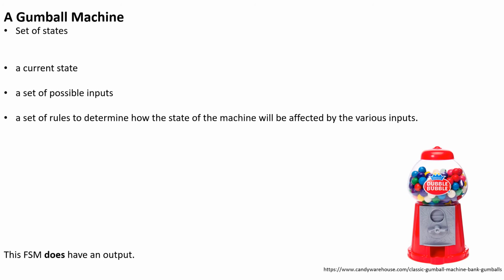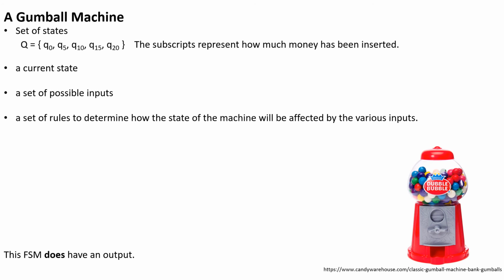So anyway, just to keep that in mind here, let's start out by filling this out for this gumball machine. Now, what they're doing in their example is they're pretending like the gumballs cost 20 cents. And so what they're saying is that somebody can put in a nickel or a dime, and then until it comes to 20, and then once it gets high enough to 20, then they'll be able to get a gumball.